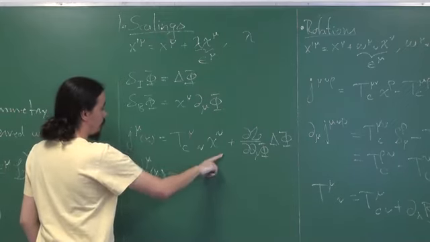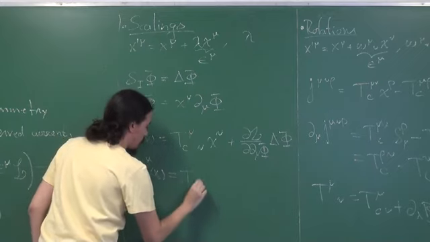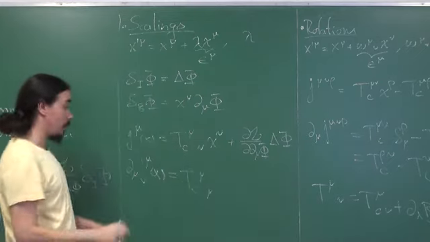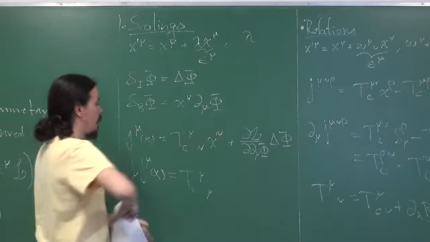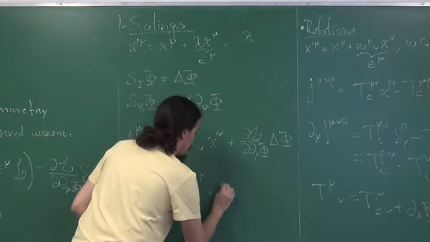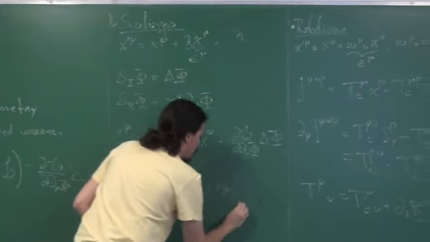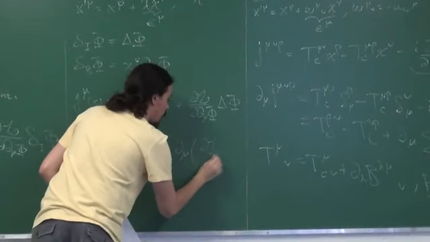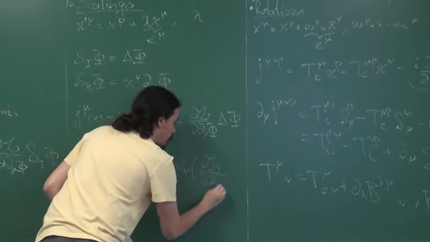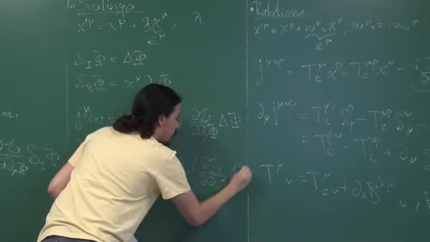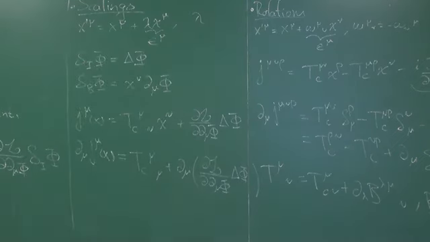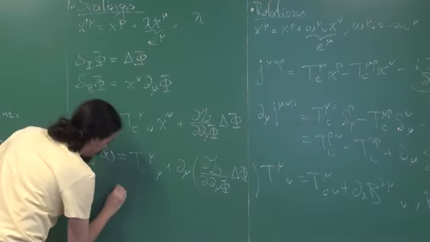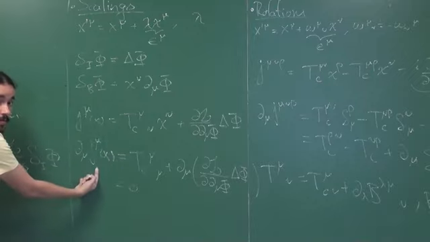So what you get is the trace of the canonical energy momentum tensor, delta^nu_mu, and again another contribution, and of course this is 0 because it is another current.